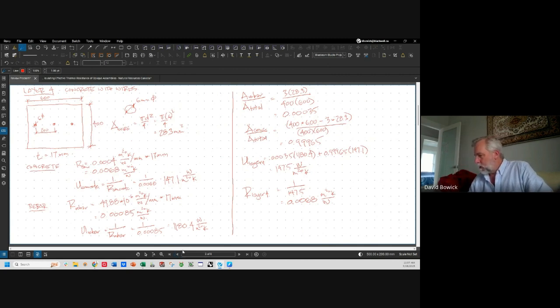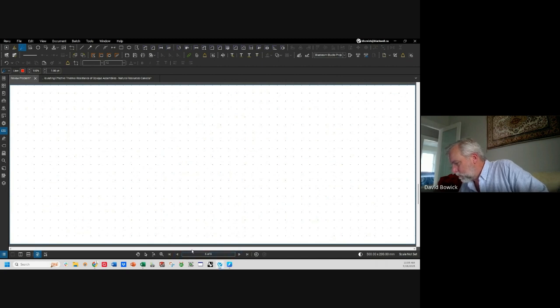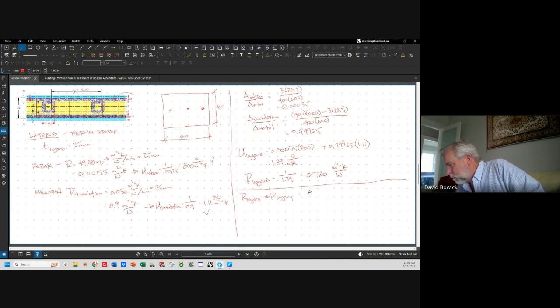Layer 4, R of layer 4, 0.0068 meters square degree Kelvin per watt.